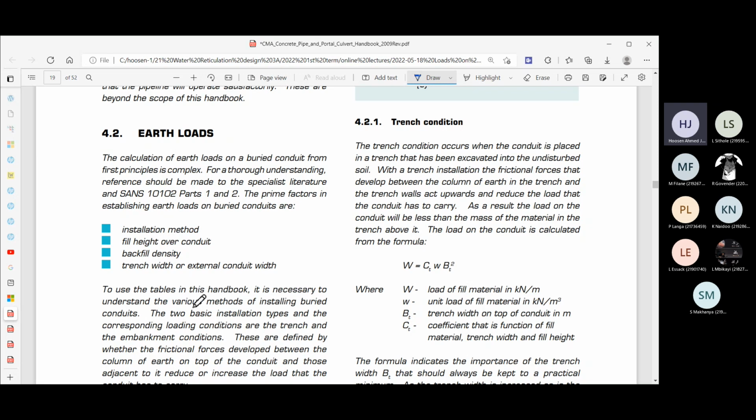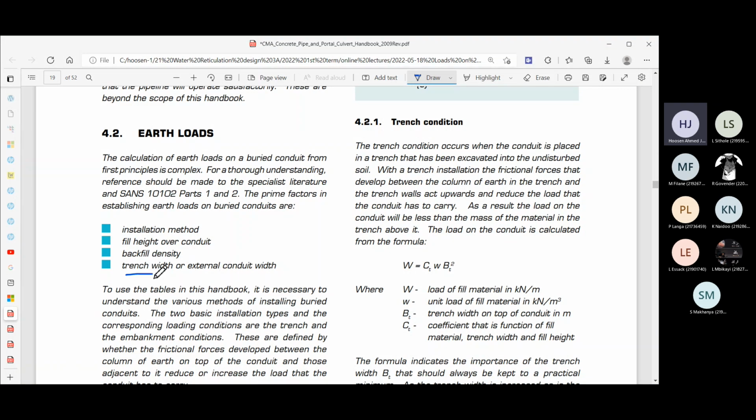Right. Now, to establish the factors that would determine the load on the pipe: the installation method, the fill height, that's pretty obvious, the backfill density. So you can see the soil conditions, right, and the trench width or external conduit width.